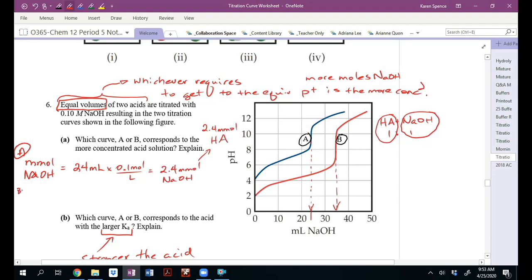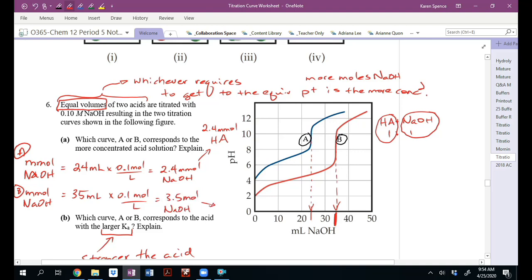And for acid B, the volume of NaOH looks to be about 35 milliliters. So 35 milliliters times 0.1 moles per liter equals 3.5 millimoles of NaOH.